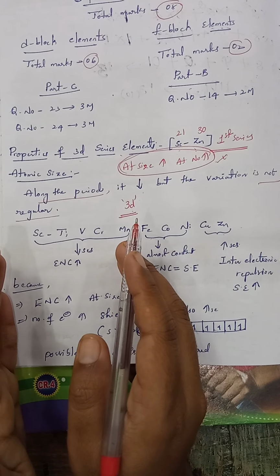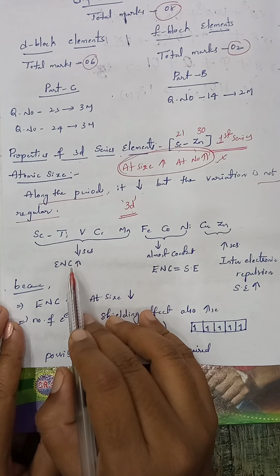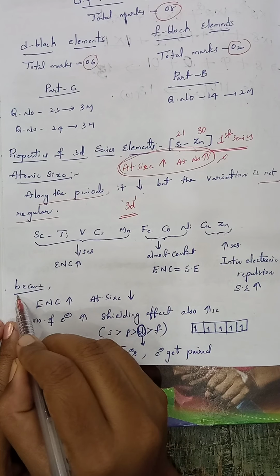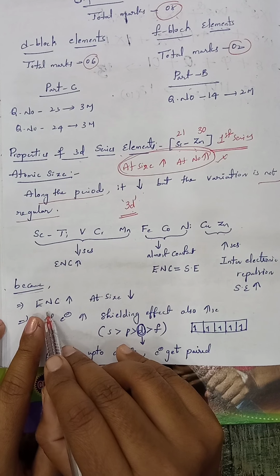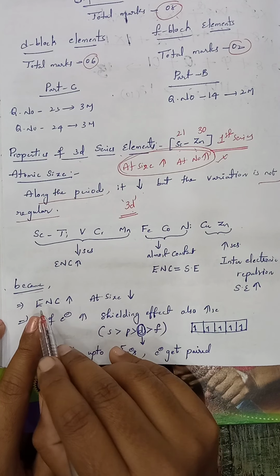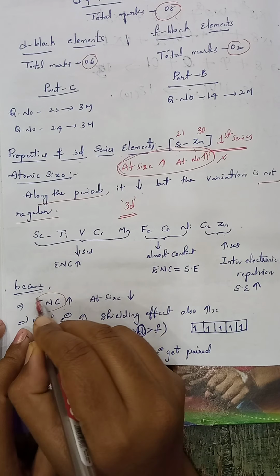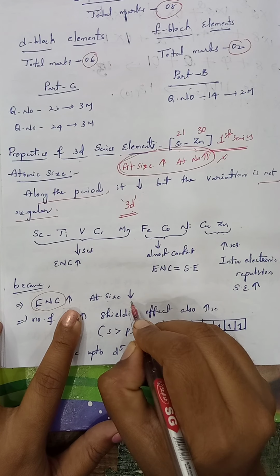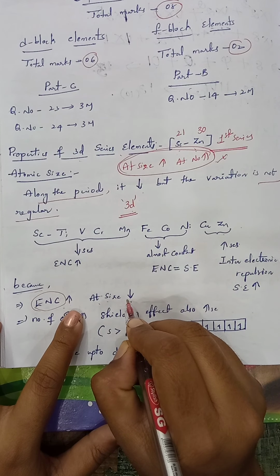For the first elements, that is from scandium to manganese, the atomic size decreases, due to having more effective nuclear charge. Once the effective nuclear charge increases, atomic size decreases.